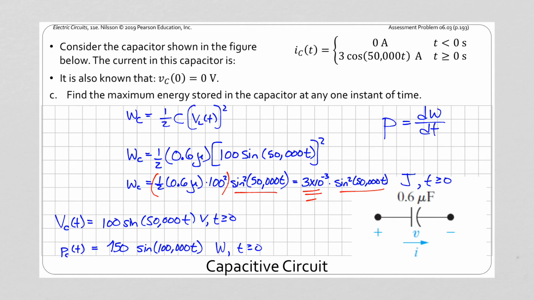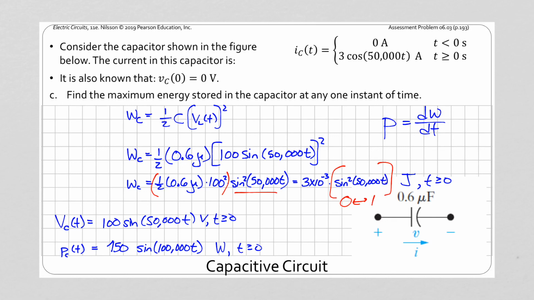And so we want to find the maximum value of the energy. Well, we have to notice here that we still have a sinusoidal term. We have some amplitude, and then this here is a sinusoid. Because it's a sine squared, that means that it's going to be oscillating between 0 and 1 in this case, instead of going to -1, because when sine is negative, the square makes it positive anyway.